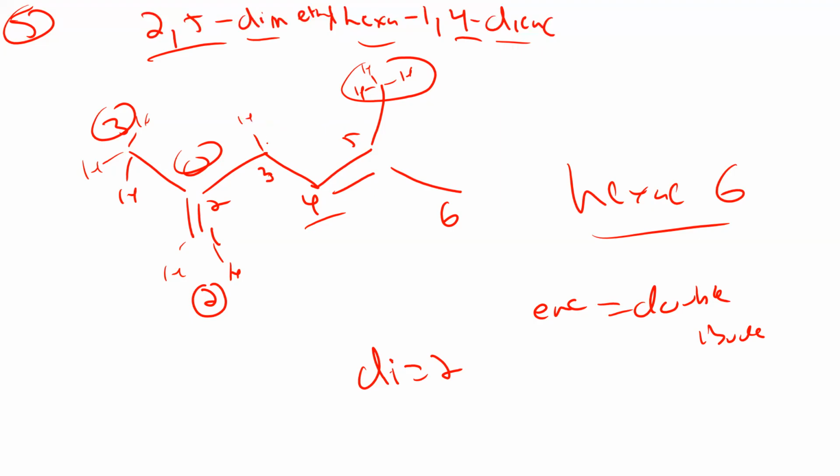There's going to be 2 hydrogens here. There's going to be 1 hydrogen right here. Here there's going to be 0. Here we count 3, and here we count 3. So that goes over the naming of that structure, where the hydrogens are positioned, and why the numbers are where they are in the naming scheme.